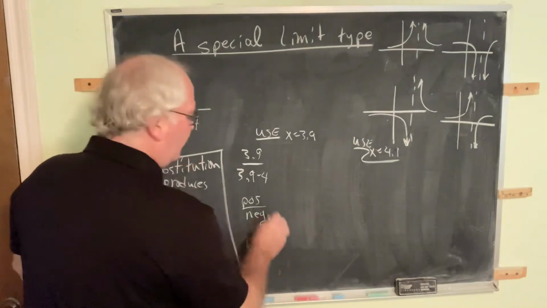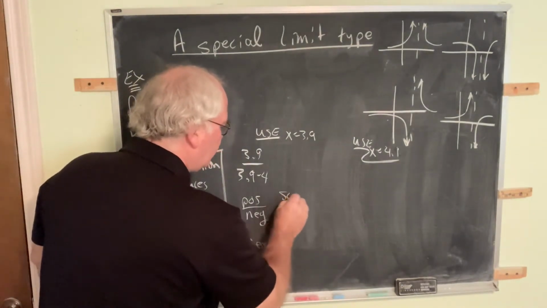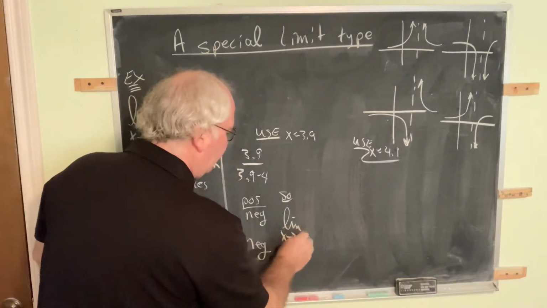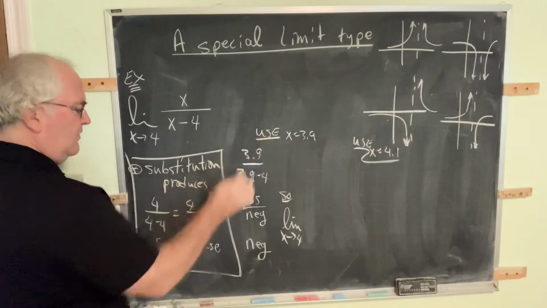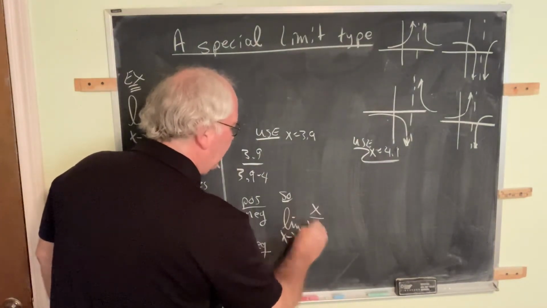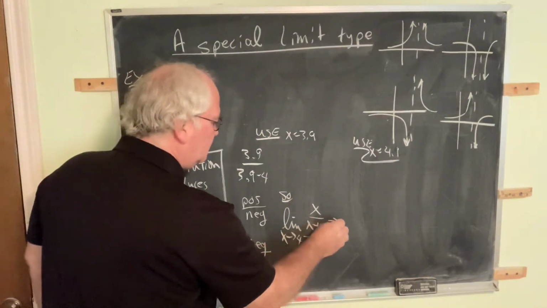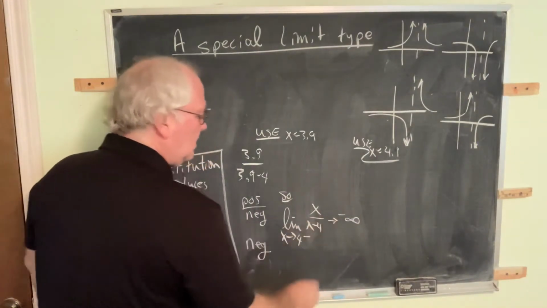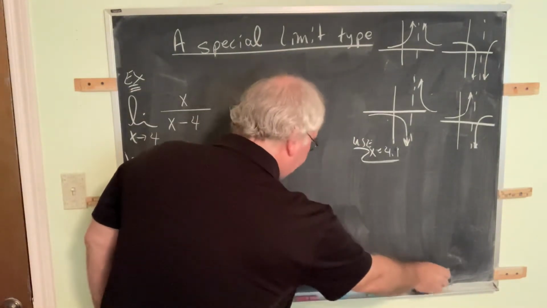So we may conclude that the limit as x approaches 4 from the left, where x is less than 4, of x over x minus 4 goes to negative infinity.